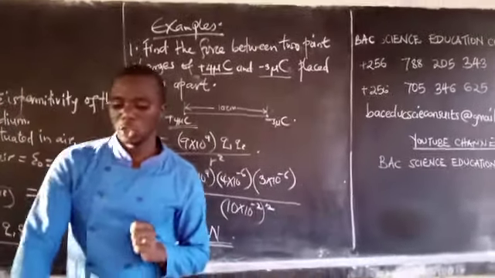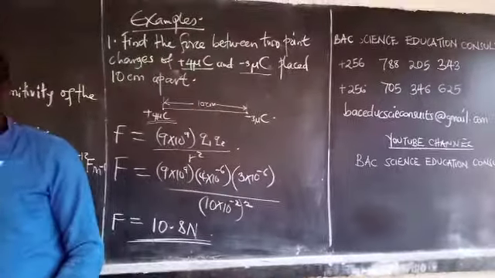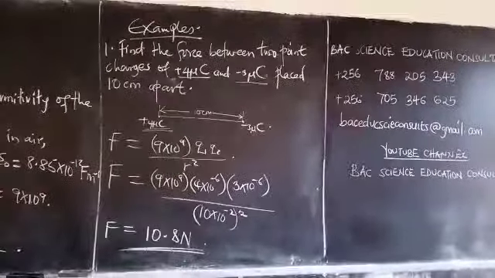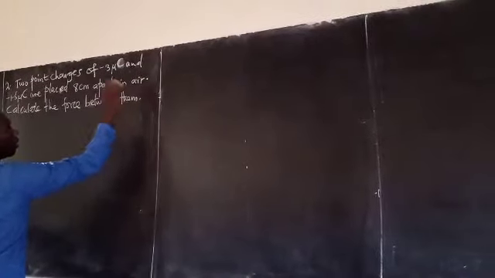We can do another one. Let's do another one. We have 2 point charges, -3 microcoulombs and -1.5 microcoulombs, which are placed 8 centimeters apart in air. Calculate the force between them.